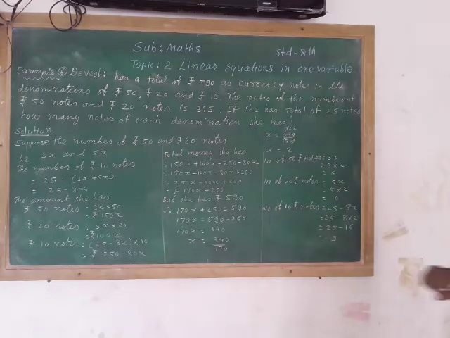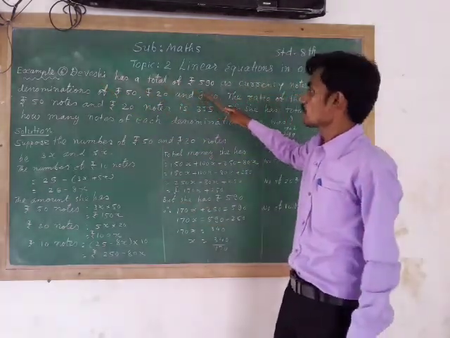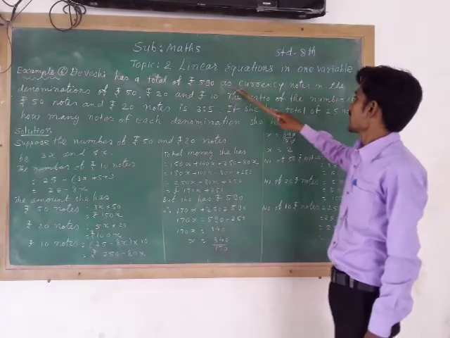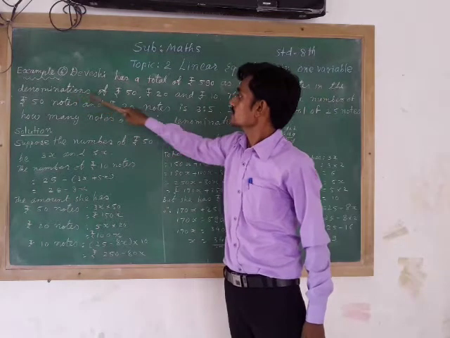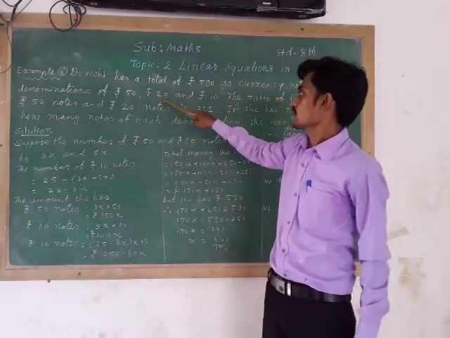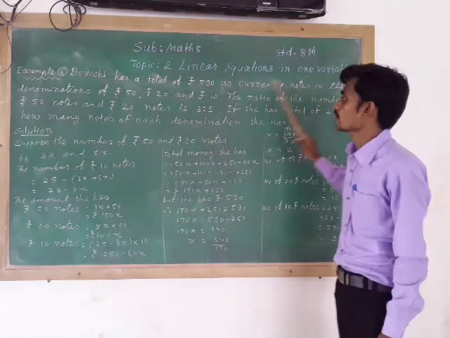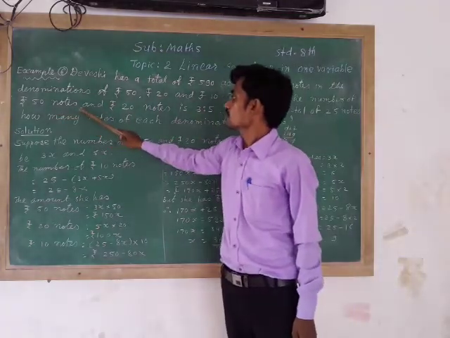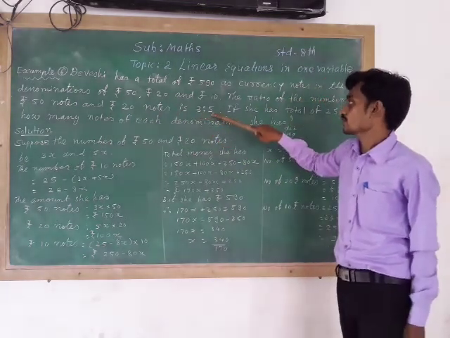Example number 6. Devasee has a total of rupees 590 as currency notes in the denominations of rupees 50, rupees 20 and rupees 10. The ratio of the number of rupees 50 notes and rupees 20 notes is 3:5.